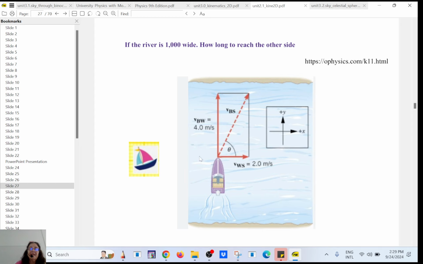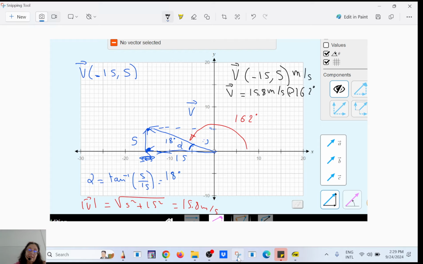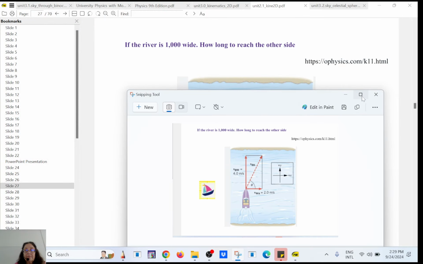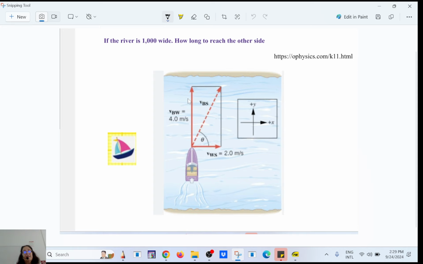So if you are just given 1,000 meters as how wide the river is, then you're going to use the y component of the vector, right? So let's review for the test. Can you find how long it's going to take to cross the river? So you can think of that as the y displacement, right? So you go from here to there. So that delta y is 1,000 meters.